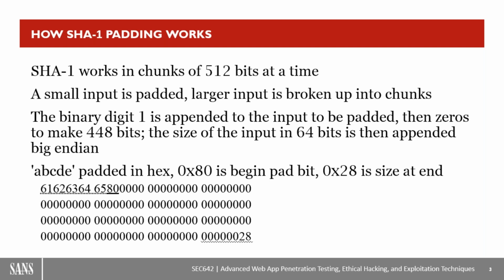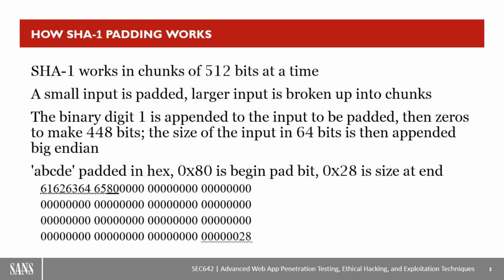Okay, so let's talk about how SHA1 works. SHA works in chunks of 512. So for example, if our input is the lowercase letters A, B, C, D, E, 5 bytes. In hexadecimal, that would be 61, 62, 63, 64, 65. Then the highest order bit is always switched to 1.